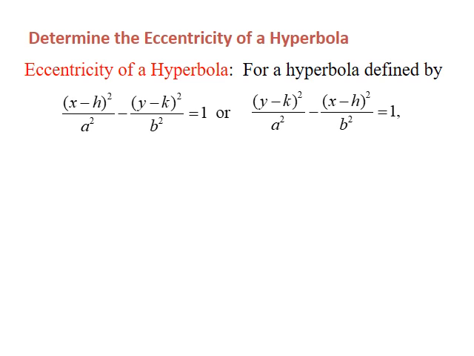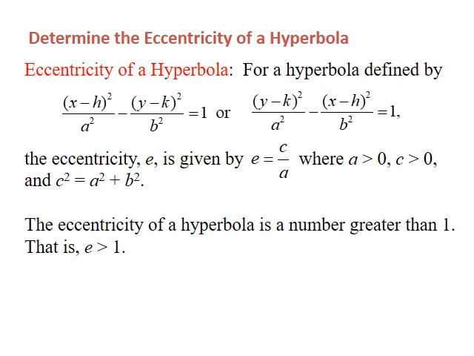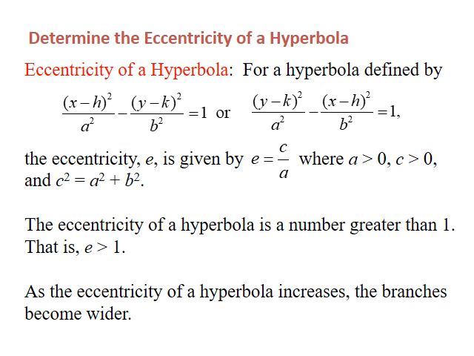All right, now we're going to find the eccentricity. The eccentricity is found the exact same way as that of the ellipse. The only difference here is that the eccentricity is greater than 1. And the bigger the eccentricity gets, the wider the branches become, which is stated here.